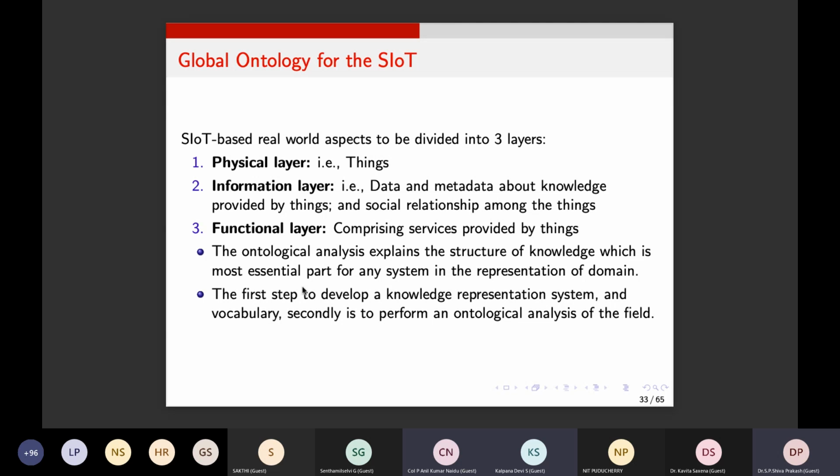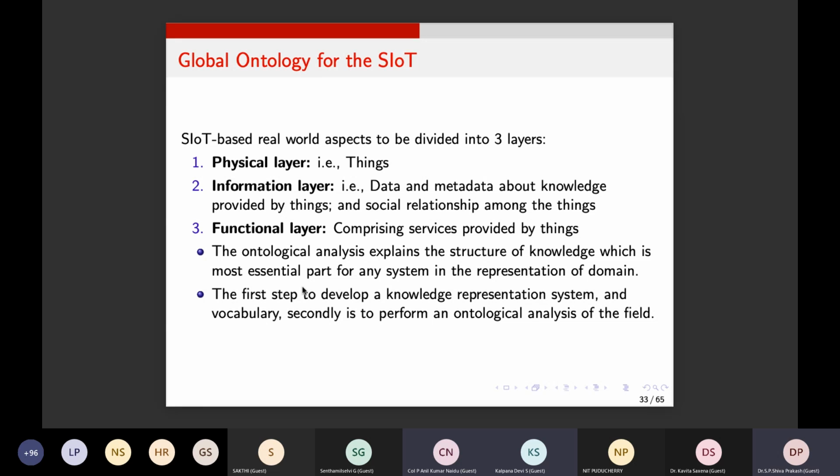Now, ontological analysis basically helps us to explain the structure of knowledge, which is an essential part of representing this. This ontological model will help us to correlate all these three layers of a social internet of things.